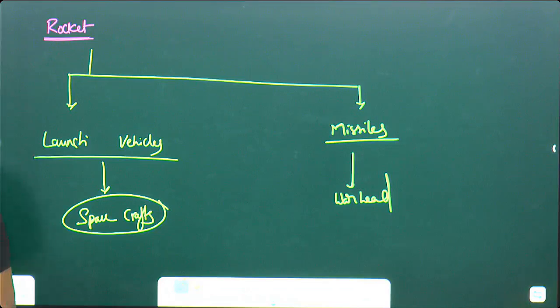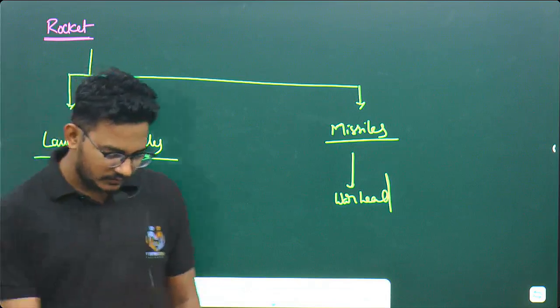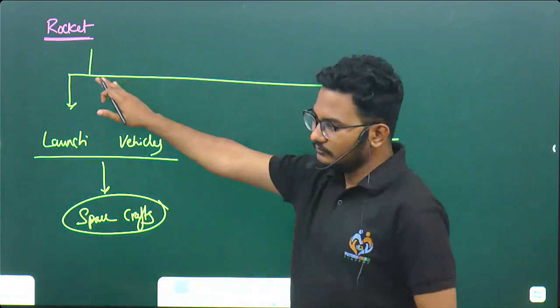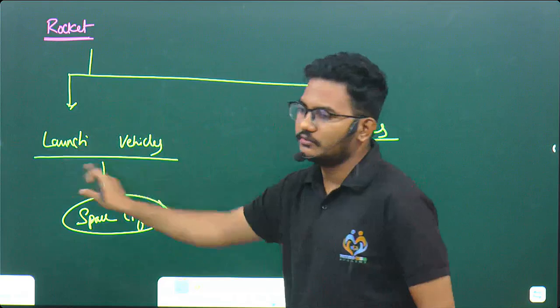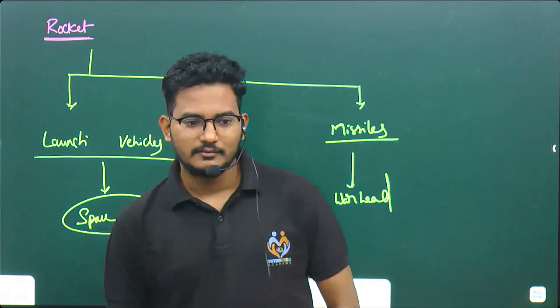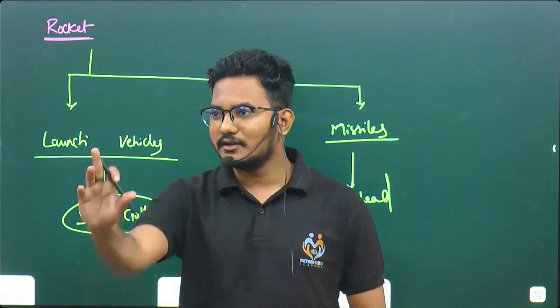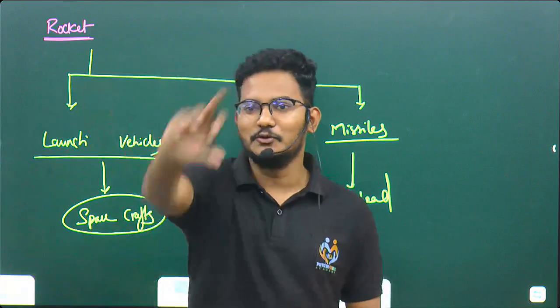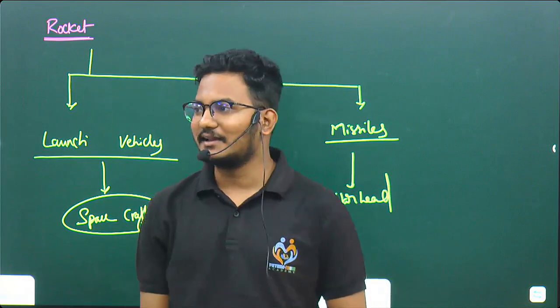So these are some basics that we need to know. By now you have got some clarity. Rocket is not the launch vehicle. Generally in India we think launch vehicle is nothing but rocket. Whenever people send a launch vehicle, we say the rocket is going towards the moon and launching a satellite over there.